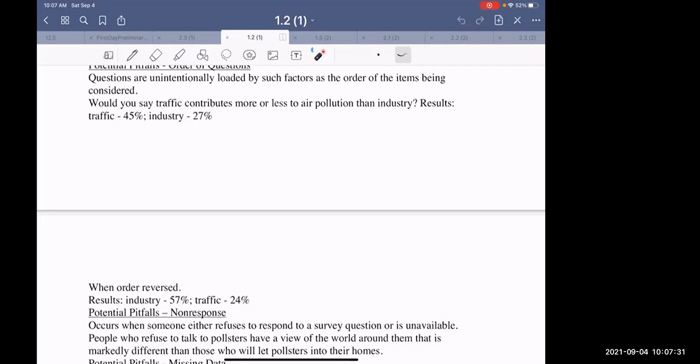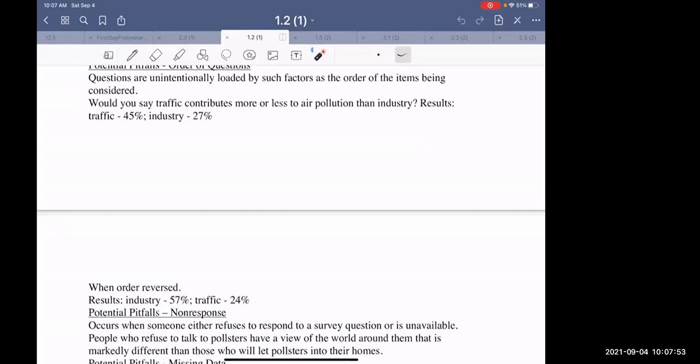And so what you'll notice is that there is a bias where if you give people two choices, they pick the first. If you give them a lot of choices, like 5 choices, they pick the last one.